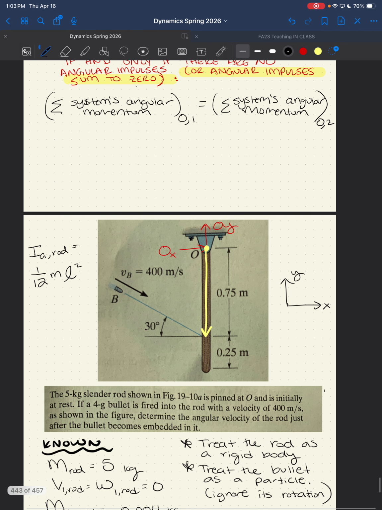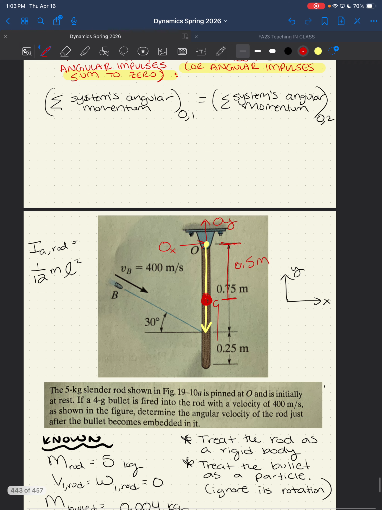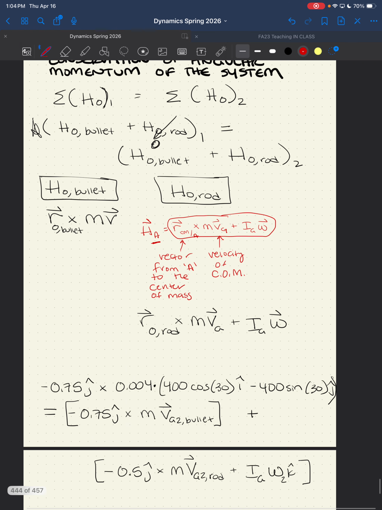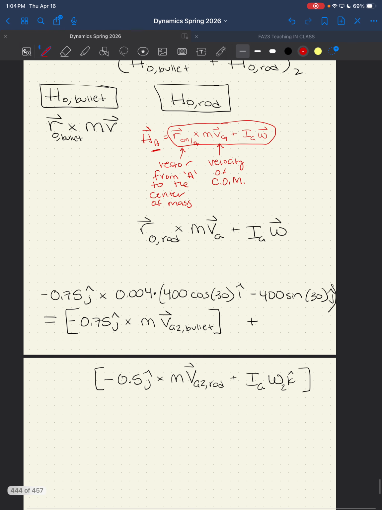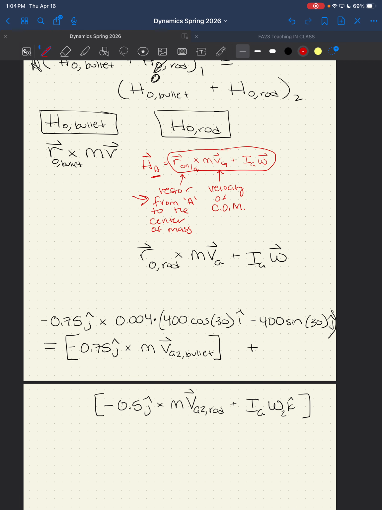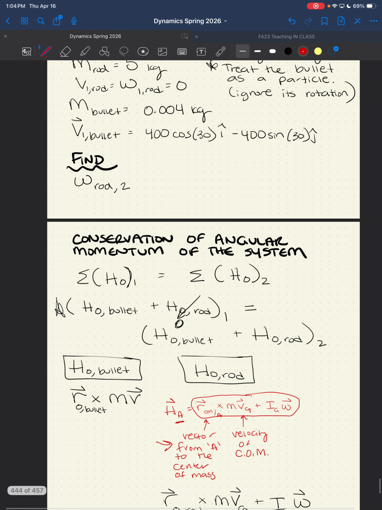So I'm thinking minus 0.75 j hat. And then v_G2 of the rod is also equal to omega cross r. So omega 2 k hat cross, what is the radius from the fixed axis of rotation to the center of mass of the rod? Minus 0.5 j hat.